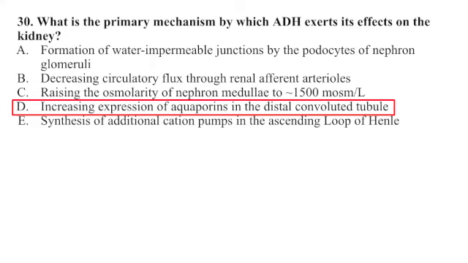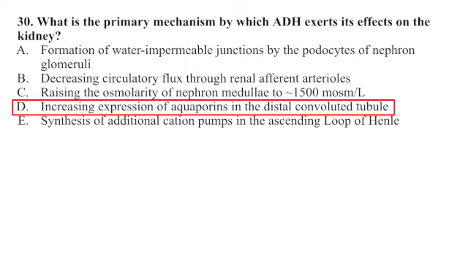It has two major types of vasopressin receptors, V1 and V2. V1 is found on blood vessels where it triggers vasoconstriction, and V2 is found in the basolateral membrane of the collecting tubules of the kidney.